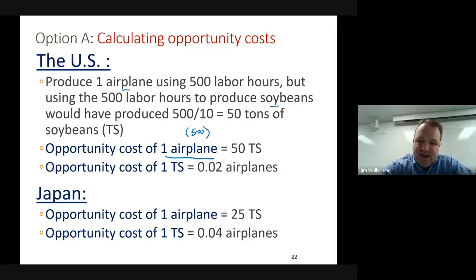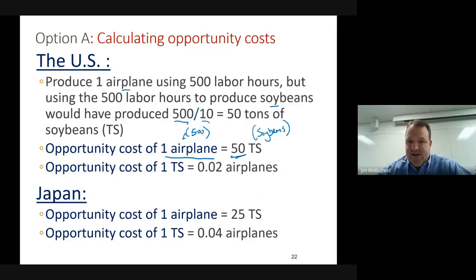Well, if I didn't make an airplane, I could have used those 500 labor hours to make soybeans. Well, how many soybeans could I have made? Well, I take the 500 that I would have needed to make an airplane. I divide it by 10 because that's the number of labor hours needed to produce soybeans. And I find in the United States that in order to make an airplane, I have to give up 50 soybeans to do that.